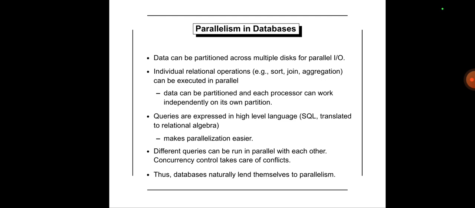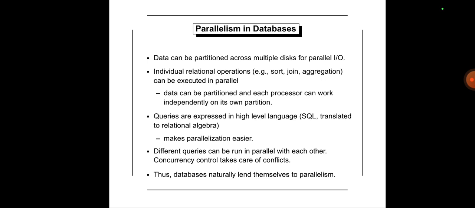naturally lends itself to parallelization. A number of commercial and research systems have demonstrated the power and scalability of parallel processing. Queries are expressed in high-level languages such as SQL, structured query language, and translated into relational algebra.